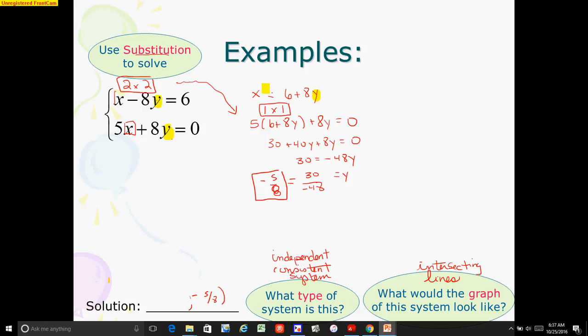Because x is already by itself. So if I take this negative 5/8, plop it here, then I can solve for x, and I will get one.